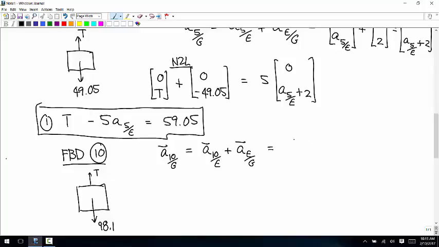And so that's going to be 0, A10E plus 0, 2. So that's 0, and then in the y component, A10E plus 2.